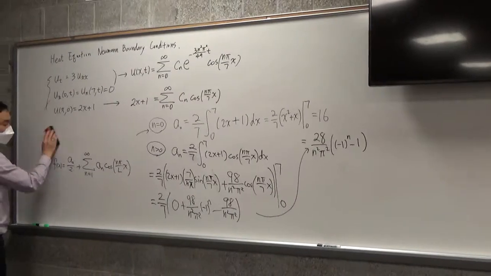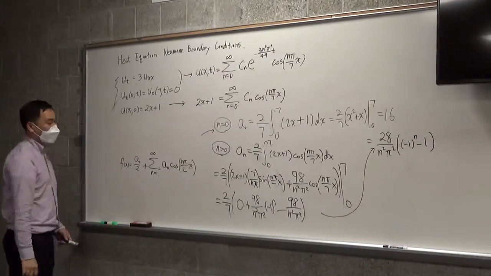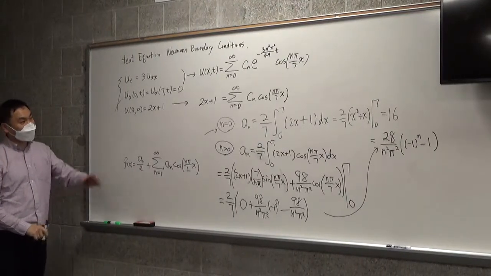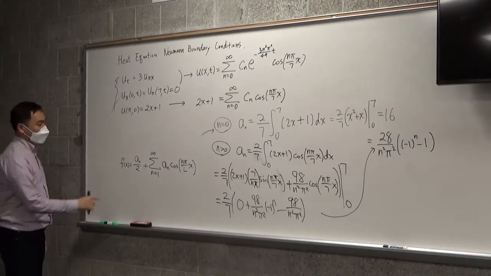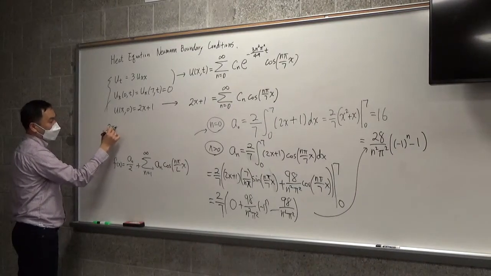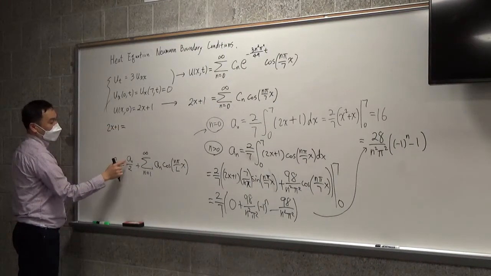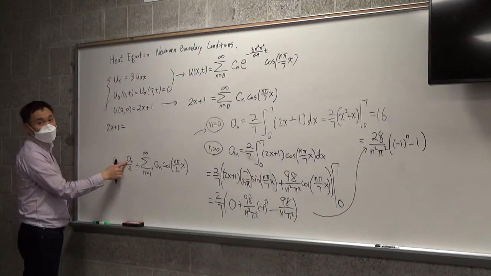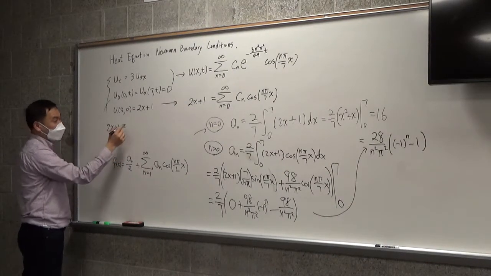So now that we have the ANs, let's see what we get if I plug them into this formula. So f of x is 2x plus 1, right? A0 is 16 over 2, which is 8.